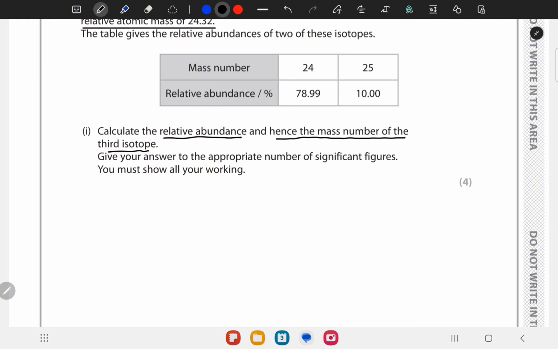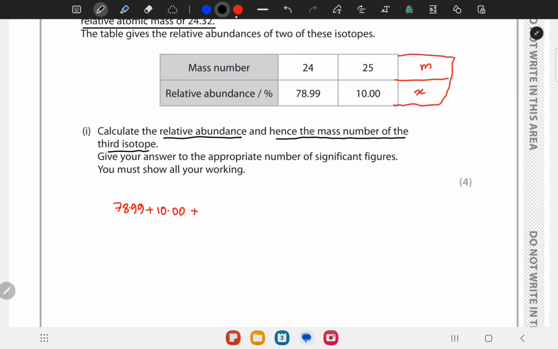Total abundance would be 100%. So 78.99 plus 10.00 plus the relative abundance of the third isotope, I'm assuming a mass number of m and the abundance of X for the third one.